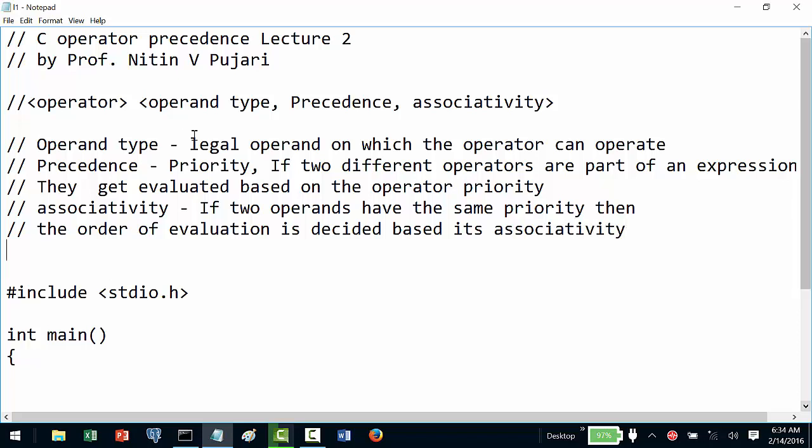It's very important. The associativity can be either right to left or left to right.